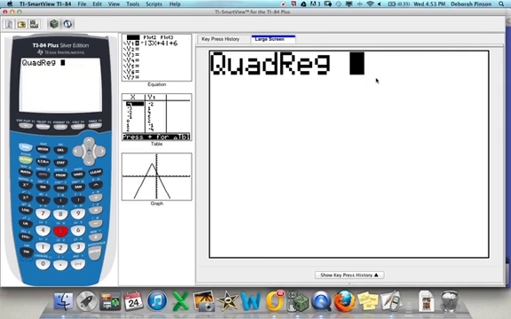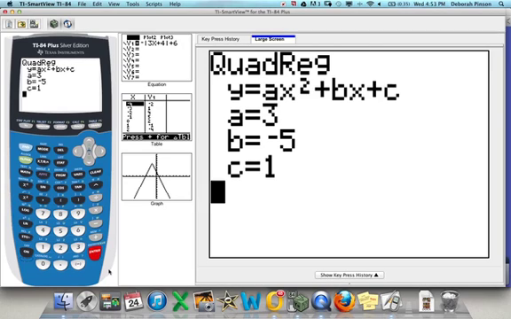Remember I told you it will automatically use list 1 and list 2 in your calculator if you just put in the regression. If you put stuff in a different list, you got to make sure to tell the calculator that. I put mine in list 1 and 2, so I'm going to hit enter. Now I don't know why the calculator comes up like this.